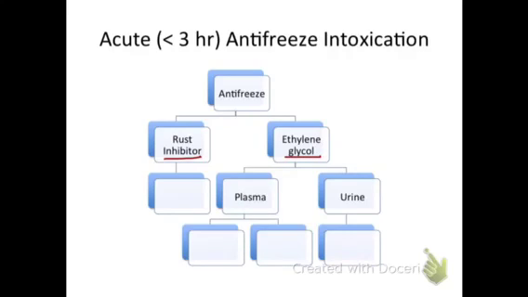The rust inhibitor contains phosphorus, which can cause a mild hyperphosphatemia. Ethylene glycol is an osmotically active particle, and when it is in plasma, it increases the plasma osmolality and stimulates ADH release.